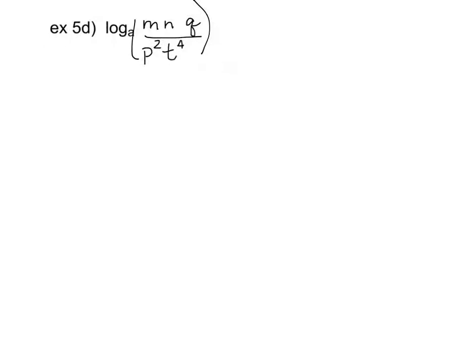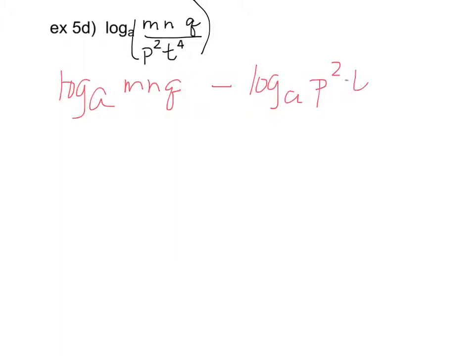Division. So start there. So I'm really going to look at this and say, okay, log base a of my numerator, which is mnq, minus log base a of my p squared t to the 4th. Now you have a separate problem. Whenever you go through at this point, work this whole deal on the left and the whole deal here on the right. So let's do it.